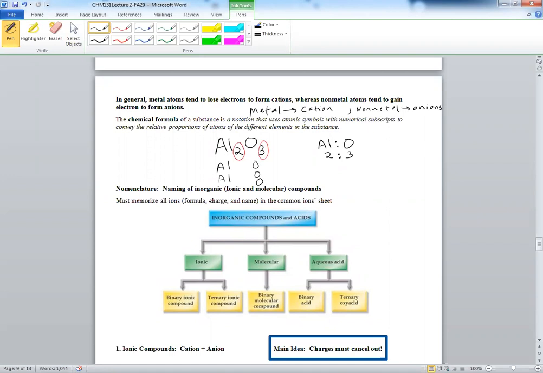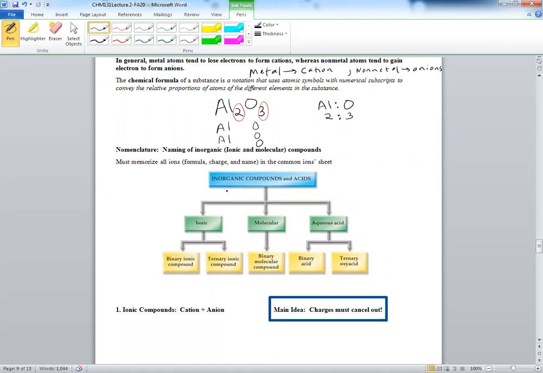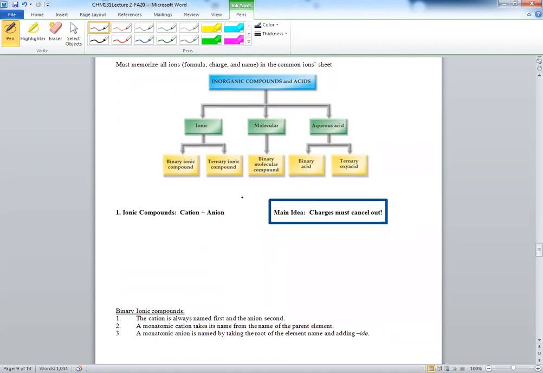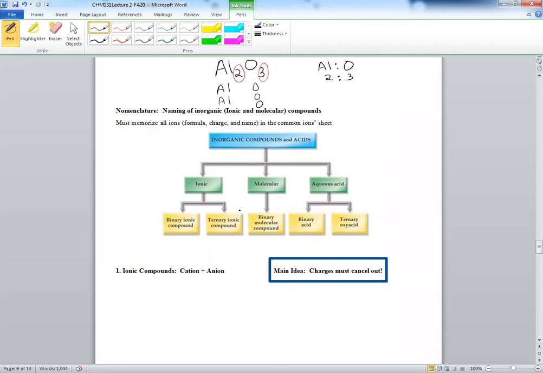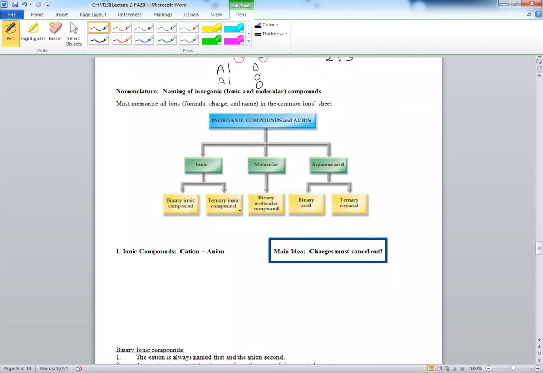So where are we going? We're going toward naming. Now, naming requires lots of practice. I'm going to do quite a bit of these in the next few slides, but it's imperative that you do more from your homework. So you must do enough of these.